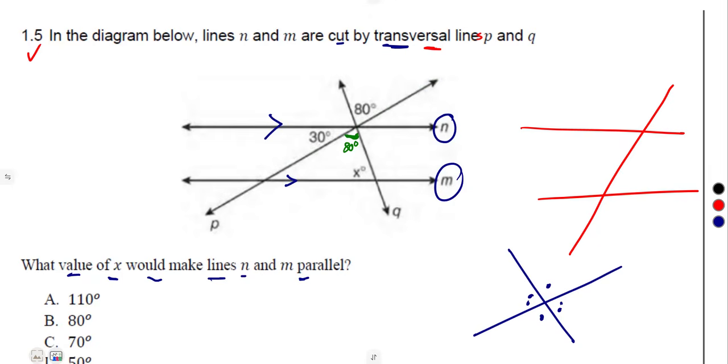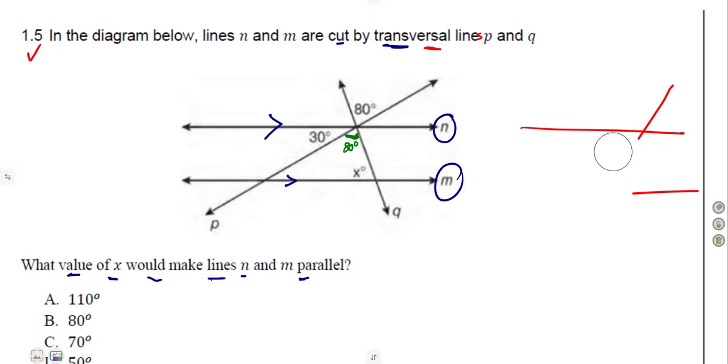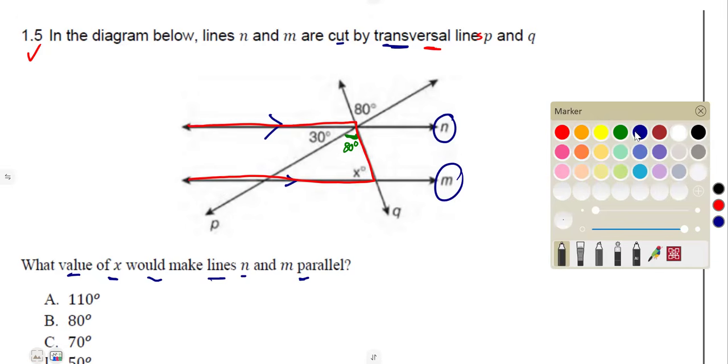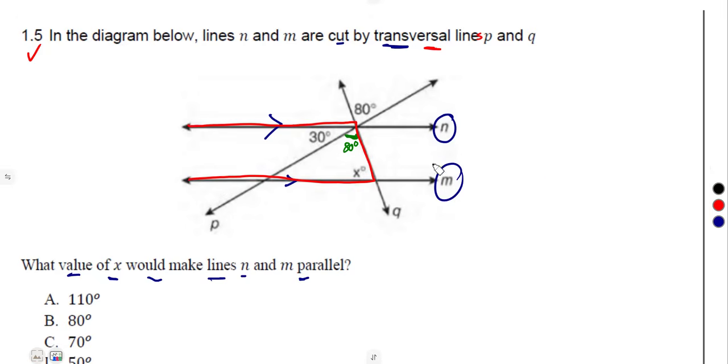Now to find x, I want us to see something which is also part of our parallel lines. We can see that we are forming a C here. We are forming the C, which is from our co-interior angles. But if we look into this, we have got two angles that are to be combined together inside.